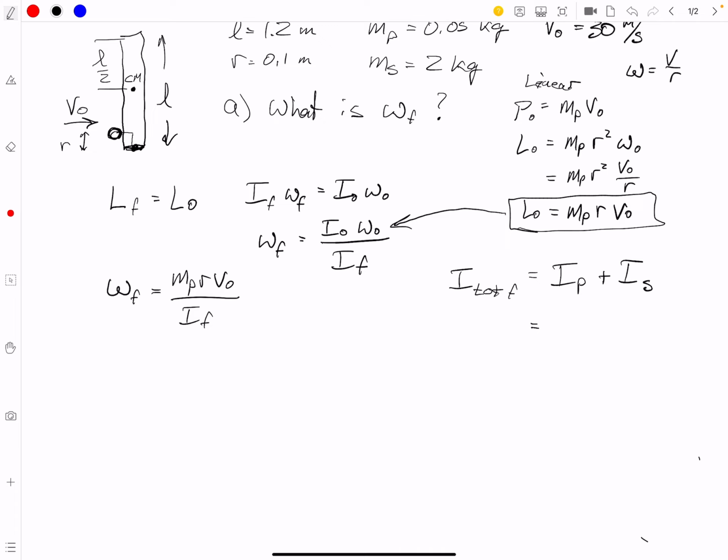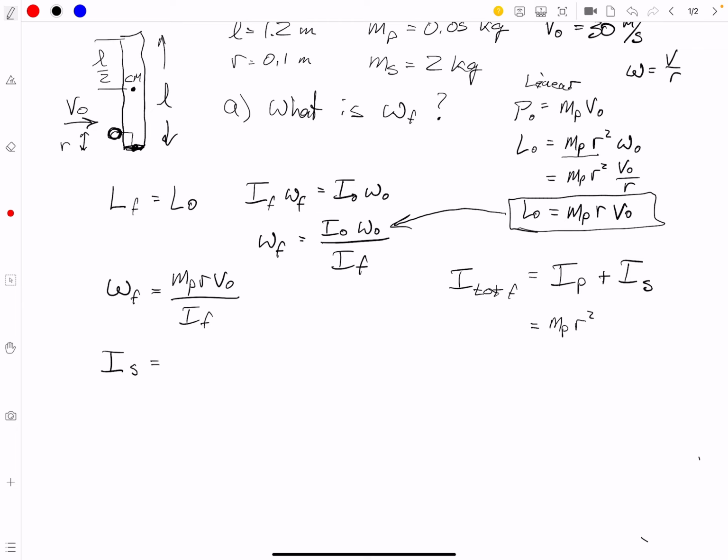The moment of inertia for the puck is easy. We already have seen that before. Right up here, we've got m_p r squared. So the moment of inertia for the puck is m_p times its radius squared away from the axis. Great. But the stick, that's different. Let's do it over here.